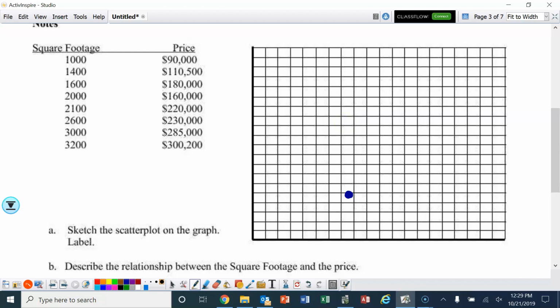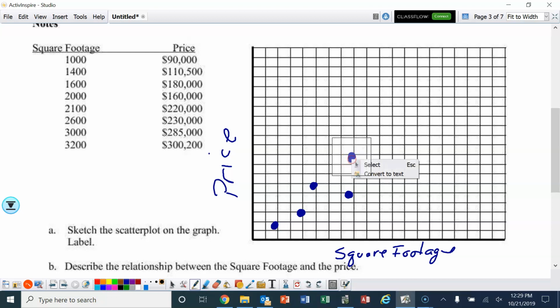Let me back that up. There we go. This thing does not like me plotting dots very well. Okay, looks good enough.